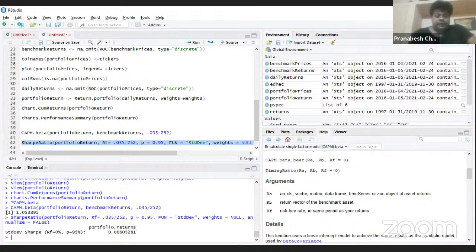Now let's quickly see what the Sharpe ratio is.